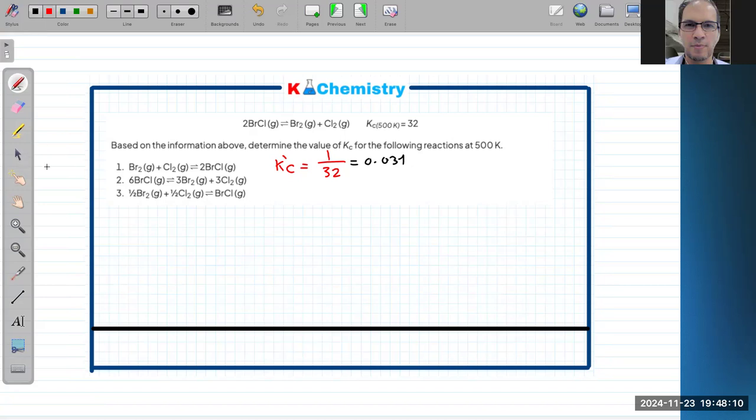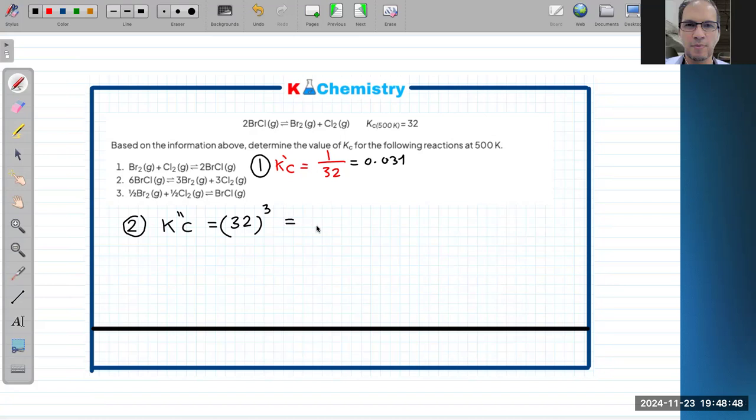What happened in the second equation? In the second equation, the same side is here, PrCl and PrCl, but I have clearly multiplied this by 3. So 2 has changed into 6, and Pr2 becomes 3Pr2, and Cl2 has become 3Cl2. So in the second one, I have just multiplied everything by 3. So this means that to find the Kc, or we will call it K double dash C, this is equal to the same value that you have, which is 32 raised to the power of 3.